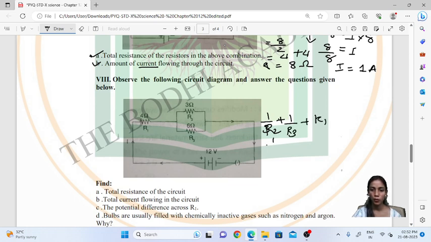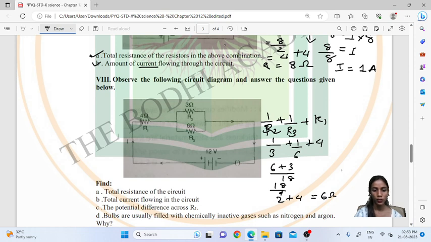So 1 upon 3 plus 1 upon 6, plus 4. Okay, so this will be 6 plus 3 upon 18, which is 18 upon 9, which equals 2, plus 4. So the answer will be 6 ohms.